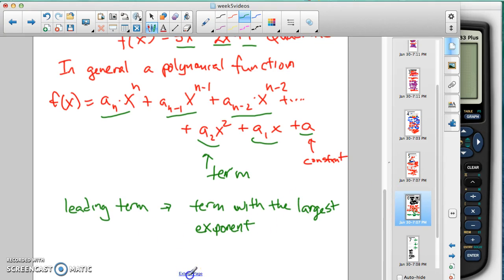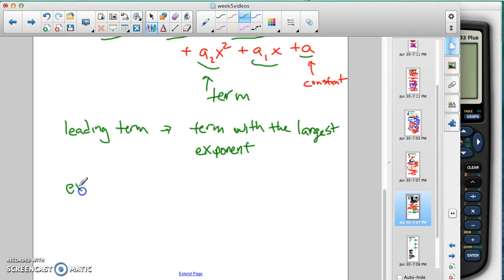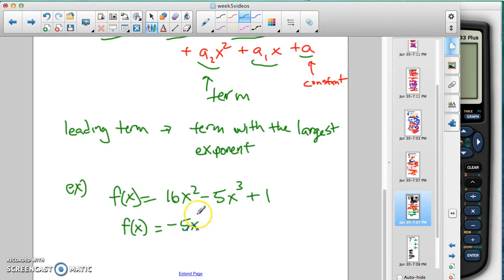So our example would be f of x equals 16x squared minus 5x to the third plus 1. Our leading term, which is not written in order here, if we want to write this in order, we'd write it negative 5x cubed plus 16x squared plus 1.